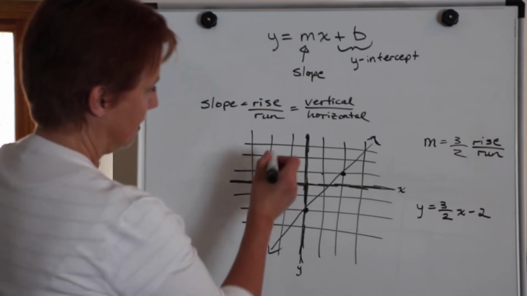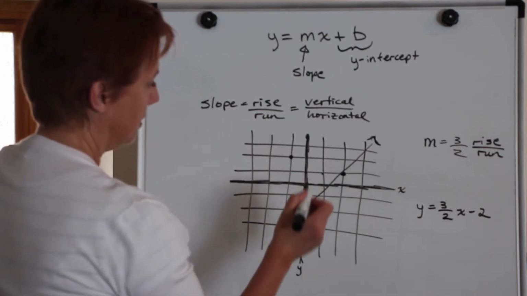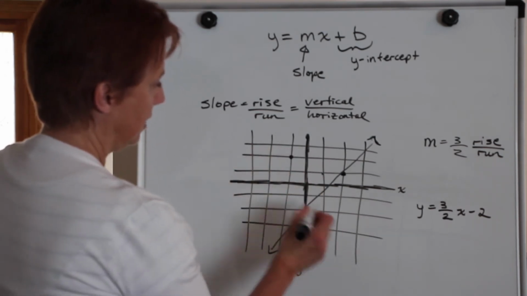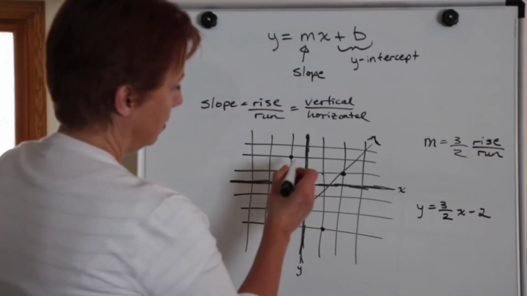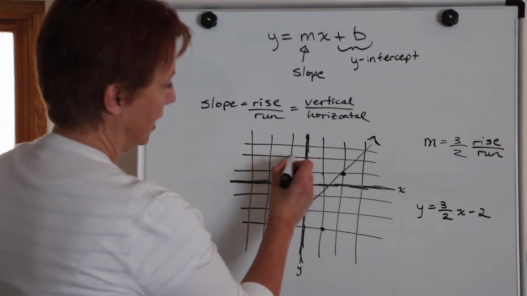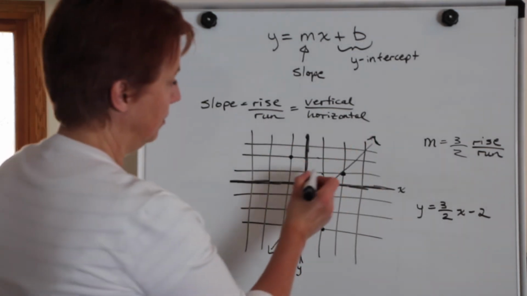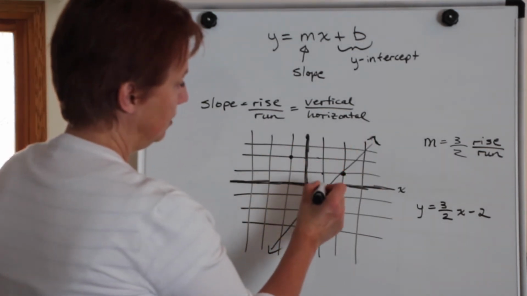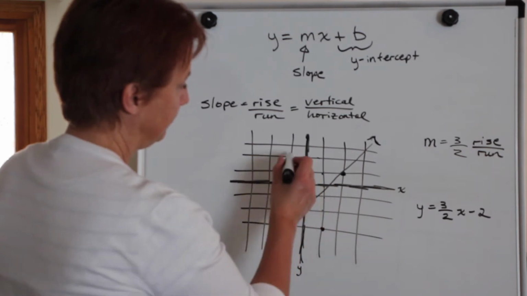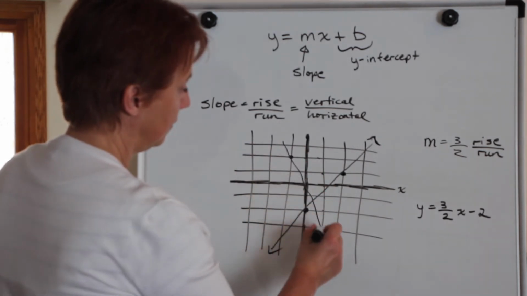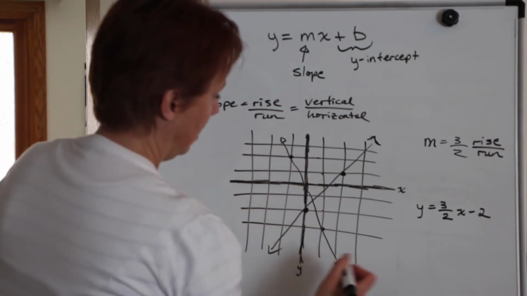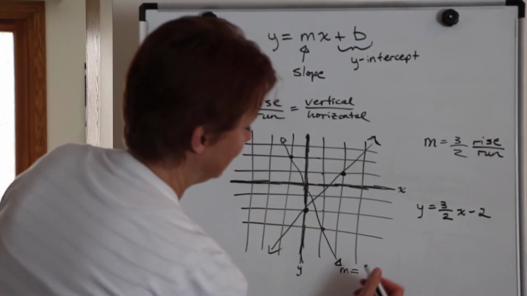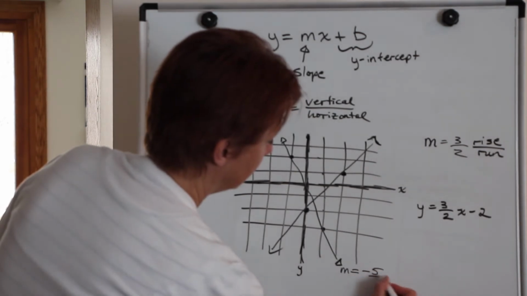Okay, that's all there is to it. Now, what if I had this? What if I had a point here and a point right there? What's the slope between those 2 points? Well, I can go over 2, so that we have a run of 2, and we have a rise of 1, 2, 3, 4, 5. So this is steeper than this line, and the slope of this line is -5 over 2.